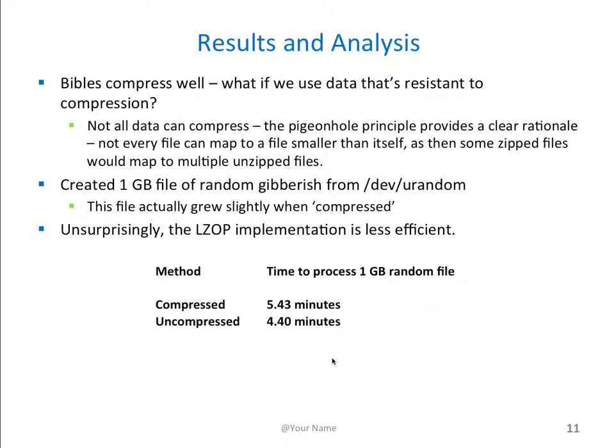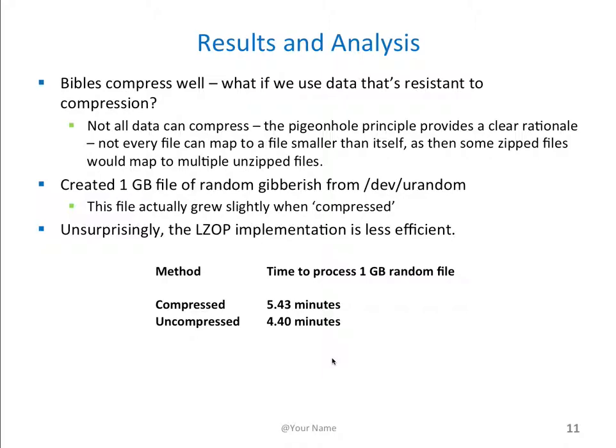I can't put 20 objects in 10 mailboxes without having some mailboxes with multiple objects. If every file could be compressed, mapped to a file smaller than itself, some small files would, of necessity, decompress to 2 different output files, which is not what you want. When you unzip a file, you want it to produce one thing every single time.